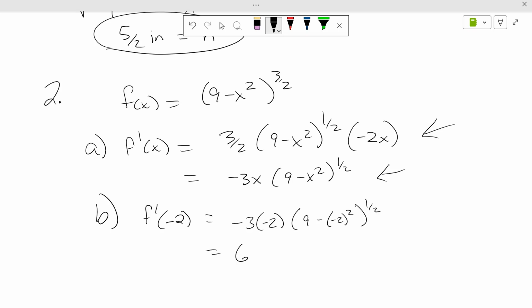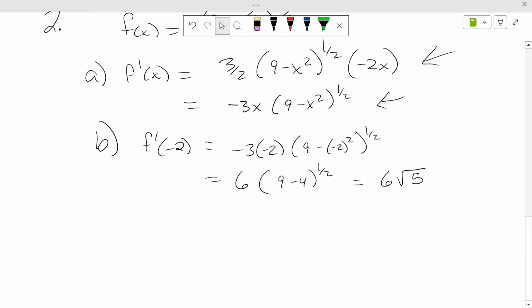So then it's 6 times 9 minus 4 to the 1/2 power, or 6 square root of 5. Now, some of you rounded to the nearest thousandth. That's fine. It was 13.416. So that's the slope.